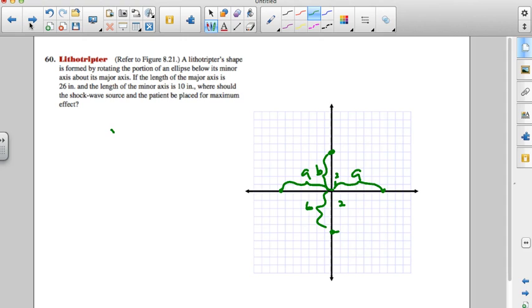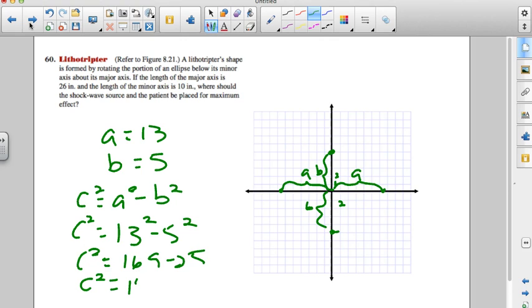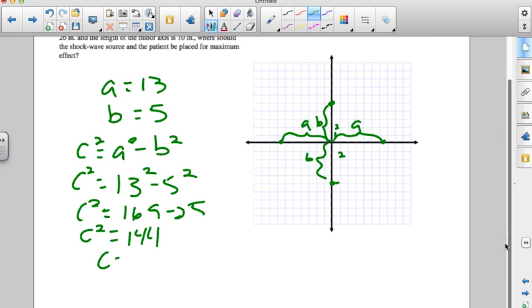So we've got A at 13, and B at 5, and C squared equals A squared minus B squared. So C squared equals 13 squared minus 5 squared, which is 169 minus 25, which happens to work out very nicely to 144. So that means C is 12. So how do we use that?